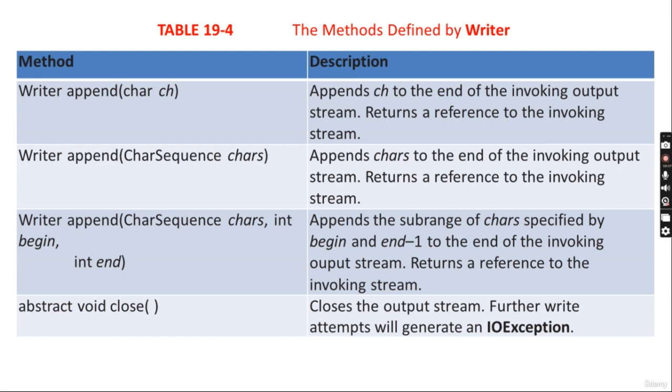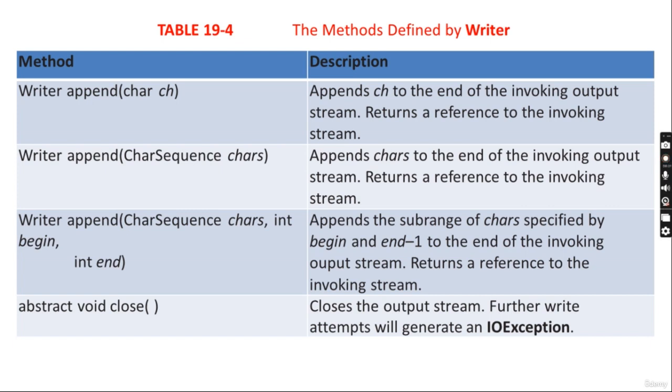Then Writer append(CharSequence chars, int begin, int end) appends the subrange of characters specified by begin and end-1 to the end of the invoking output stream. So it will append, it will not overwrite. It returns a reference to the invoking stream.